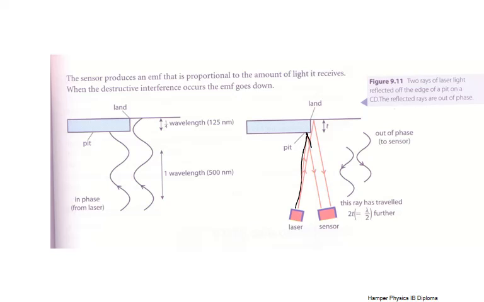If it hits a pit, it goes like this. If it hits a land, it goes like this. And then if they're out of phase, that's what's going to hit the sensor, and the light plus light will equal darkness. We'll actually have a crest and a trough, in between crest, in between trough, that will completely cancel each other out, and we get destructive interference. That's what would let the player know, okay, this is a 0 or a 1, and then this is binary code. You get a bunch of 1s and 0s, and that's coded to mean some information that you can interpret and then produce music or talking or whatever on a CD.